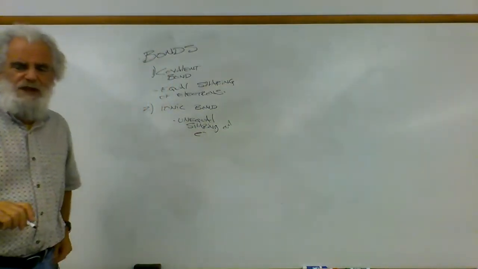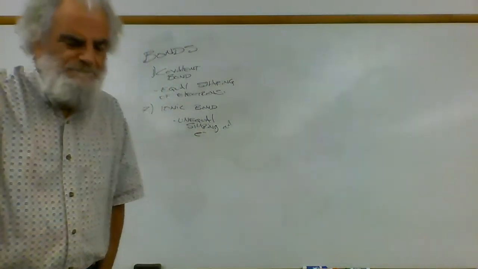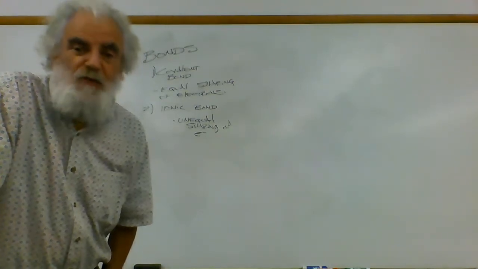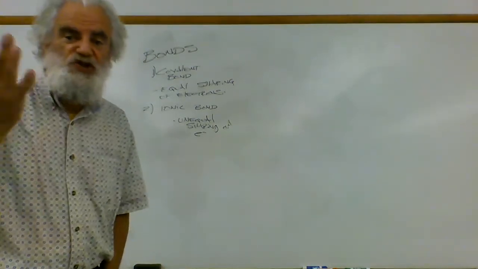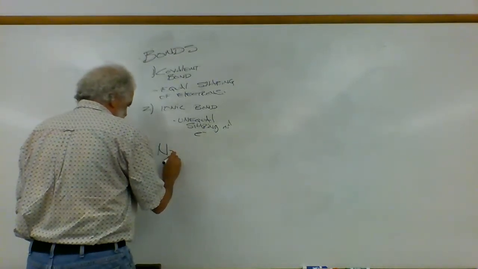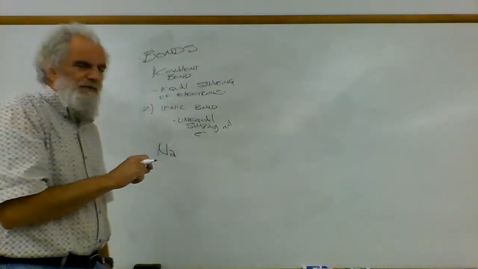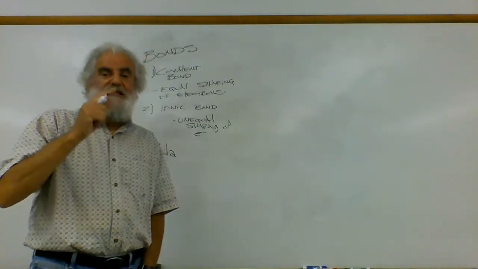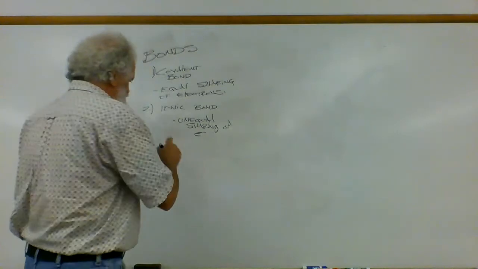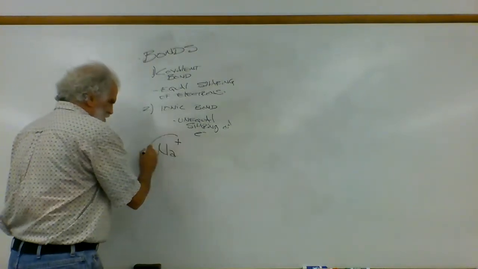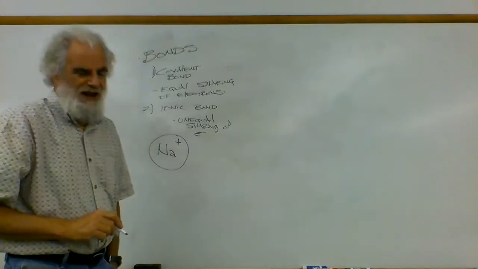What does that mean? Well, let's think about a standard molecule that's made up of ionic bonds, and that would be salt or sodium chloride. So we've got a sodium atom, and the sodium atom is missing an electron, which means that it is carrying a net positive charge. So this is the charge on sodium. It really wants an electron.